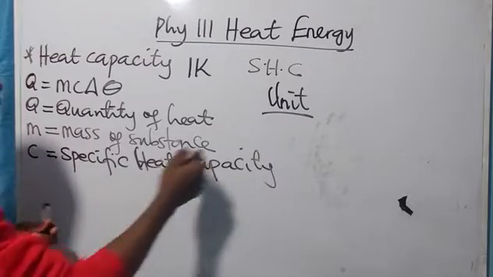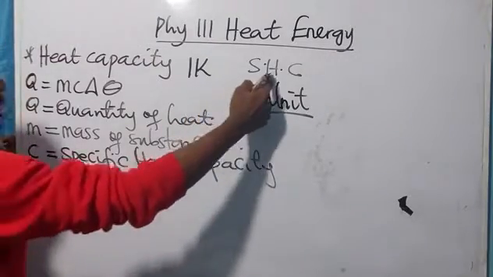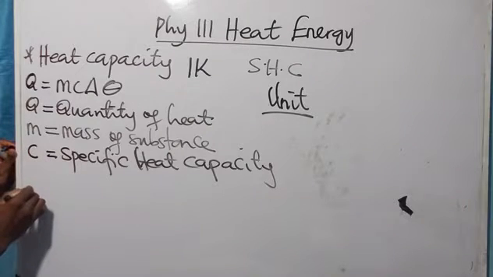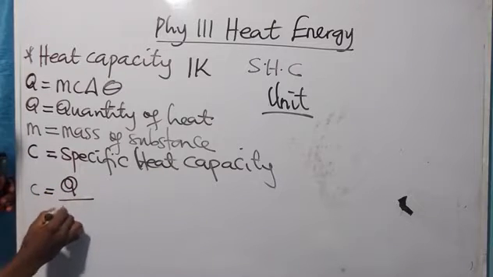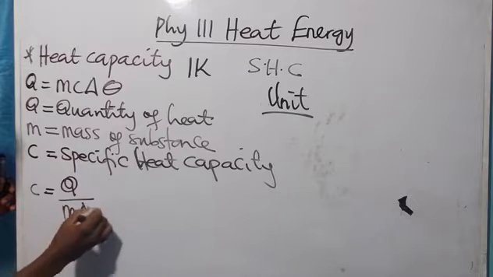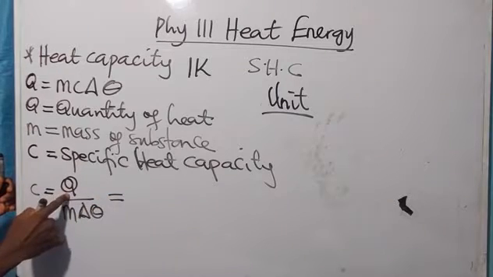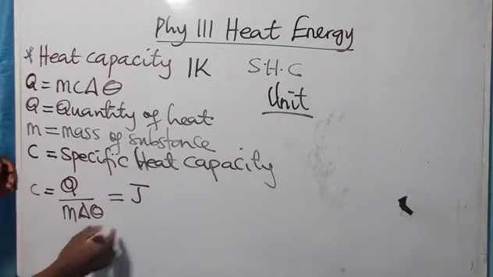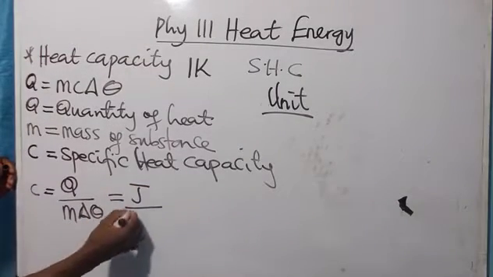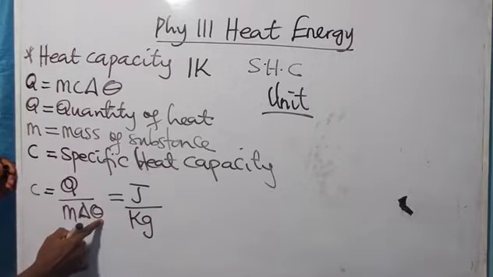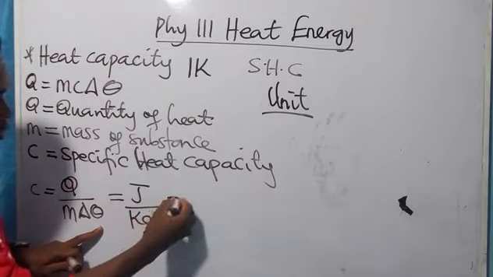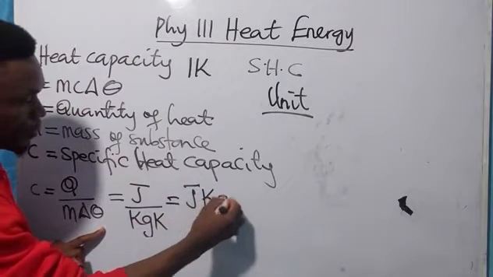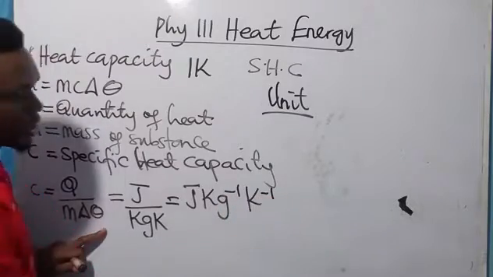All of these are scalar quantities. Now, how do we know the SI unit of specific heat capacity? It is very simple. C equals Q over M change in temperature. Quantity of heat is usually in joules, mass is in kilogram, and temperature is measured in Kelvin. So it becomes joule per kilogram per Kelvin.